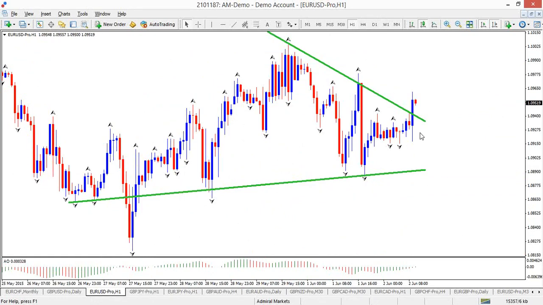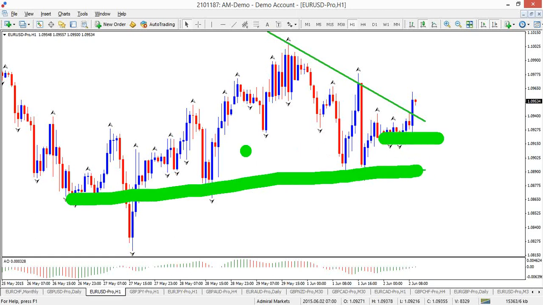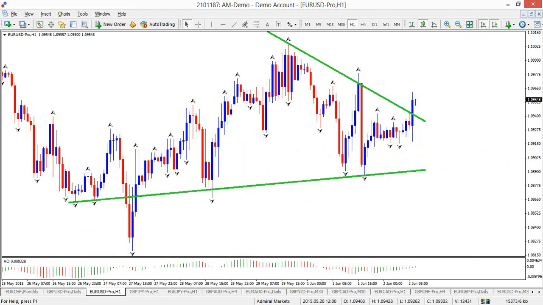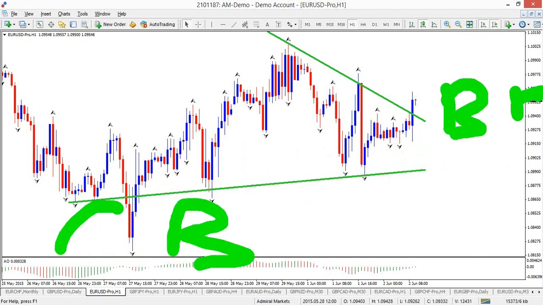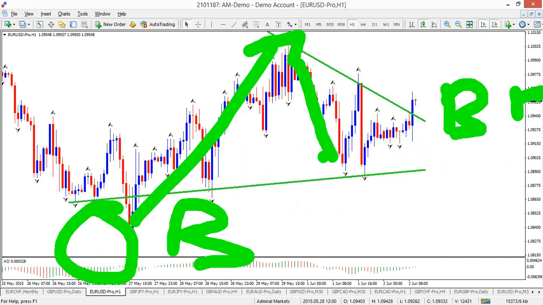So perhaps this is a very early indication that price is making the bounce here off of support, and breaking, right? Or let me say it this way: here it's bouncing, and here it's obviously breaking. It's bouncing at the fib level, bounce, pull back, and now it's breaking that resistance trend line.